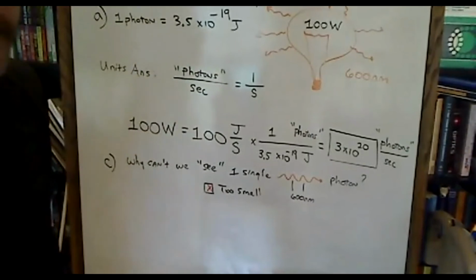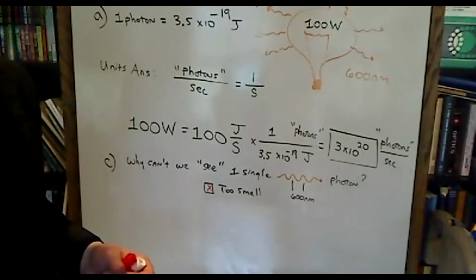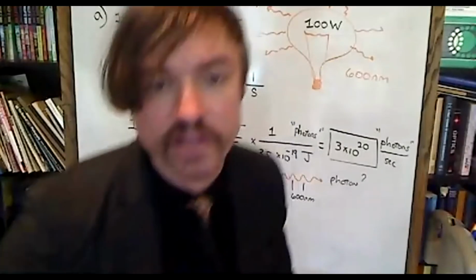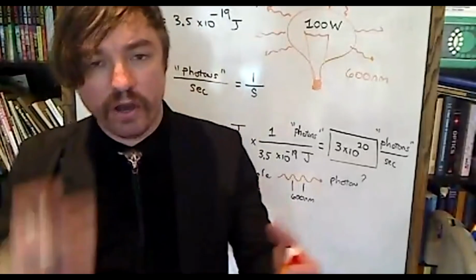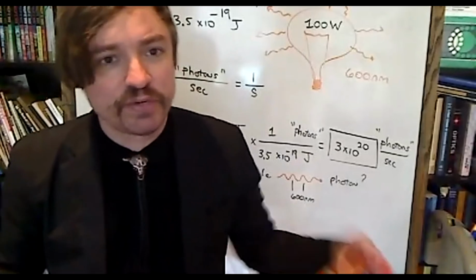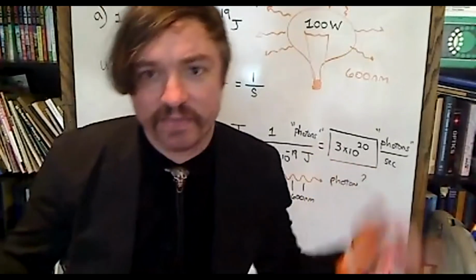Any other suggestions? Is it because your brain interprets it as color? Yes, your brain interprets it as color. You are not born knowing that you're looking at electromagnetic oscillations between 400 and 700 nanometers. You just see purple ice cream or something like that.